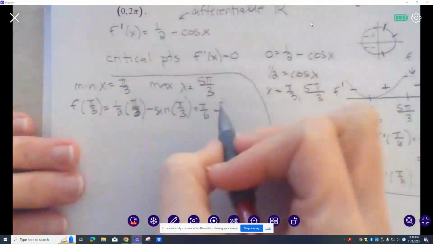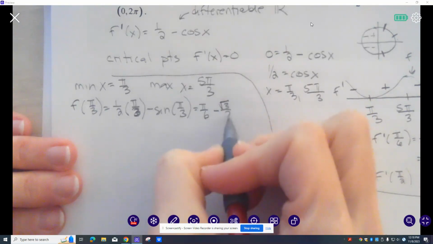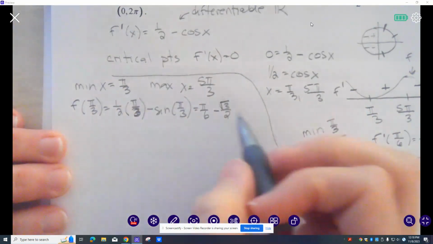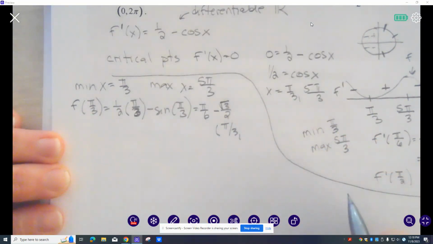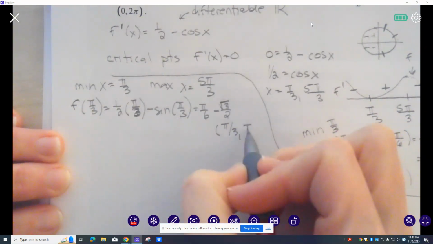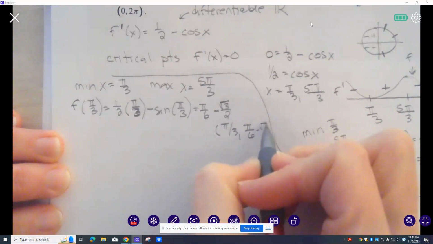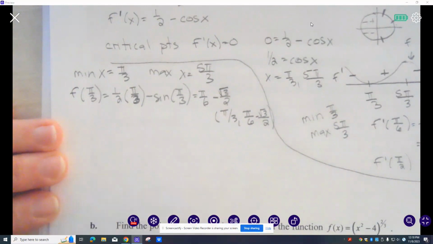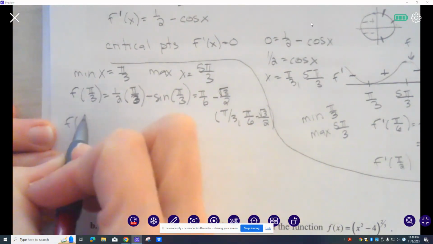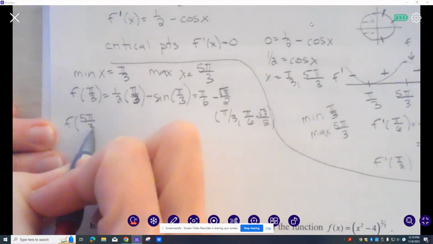Keep writing 2s when I should be writing 3s. So that is my y value. So this coordinate point is, x is pi over 3, y is pi over 6 minus square root of 3 over 2. All right, now then you need to find f of 5 pi over 3.